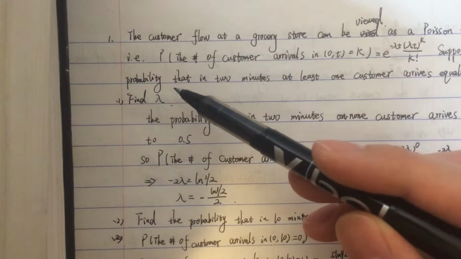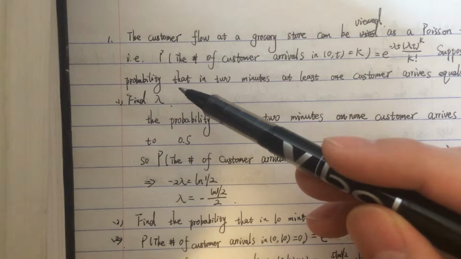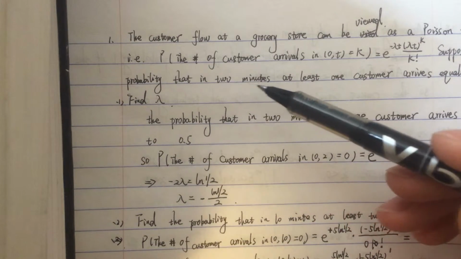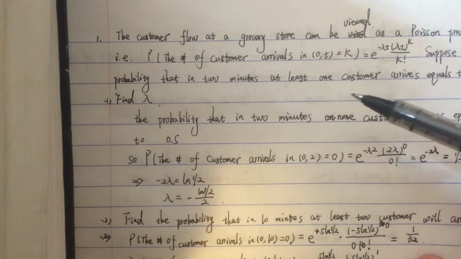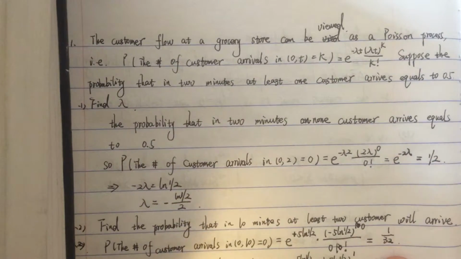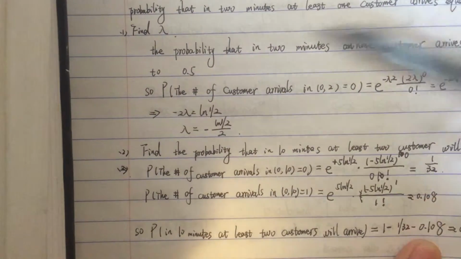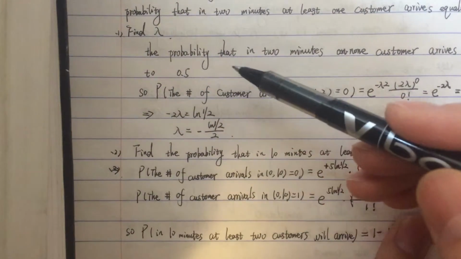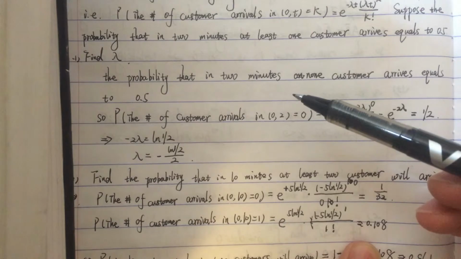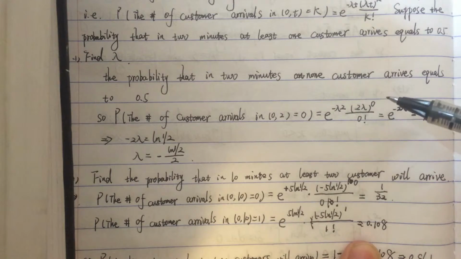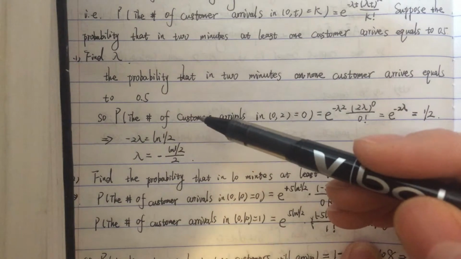According to this, the probability that in 2 minutes at least one customer arrives equals 0.5. We can know that the probability that in 2 minutes no customer arrives also equals 0.5.